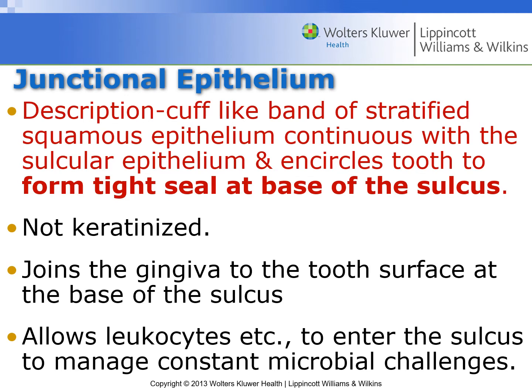To give you perspective, the junctional epithelium joins the gingiva to the tooth surface at the base of the sulcus. It also allows leukocytes to enter the sulcus and to manage a constant microbial challenge that the sulcus has. What can happen when it's not keratinized is it's not supposed to let much in and out, but it can allow these leukocytes and cells to permeate through.